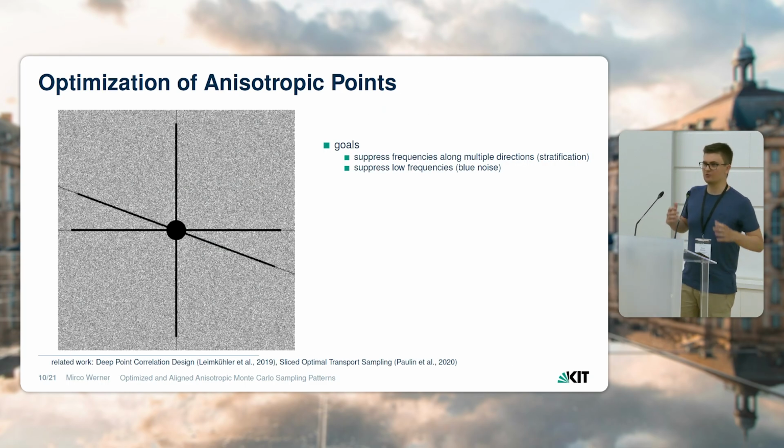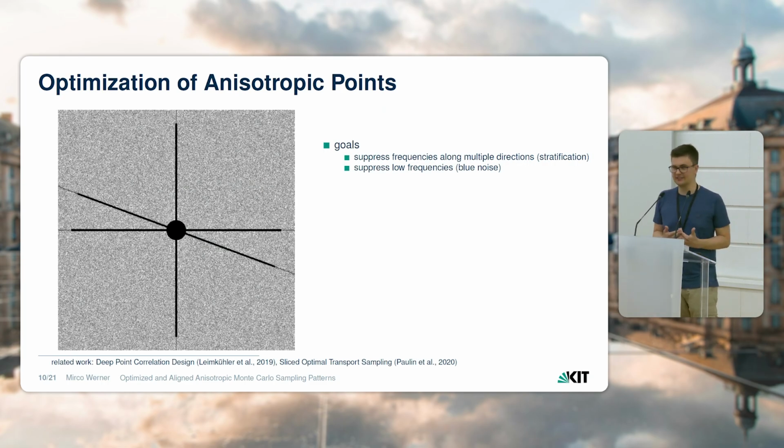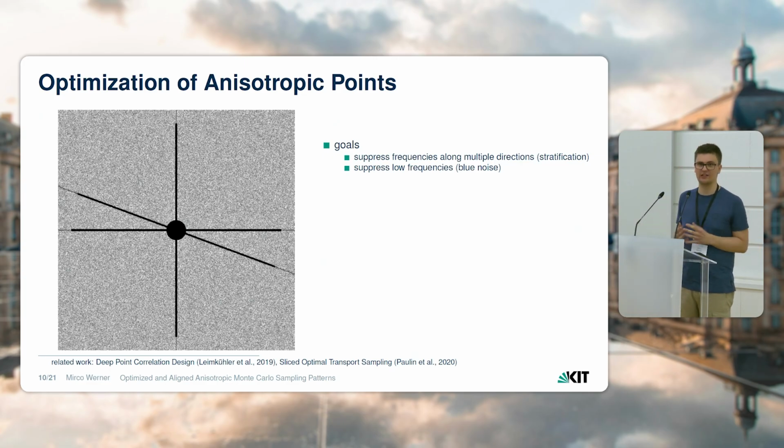Okay, so this is what our paper now tries to solve. So our idea here is that we want to optimize point sets with anisotropic power spectra, which can suppress frequencies along multiple directions. So we want to ensure stratification along more than two directions.